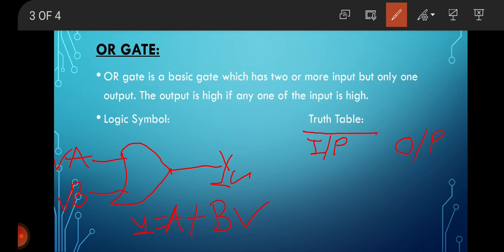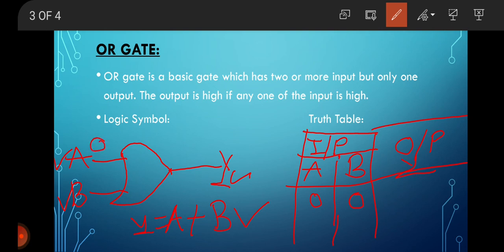Here A and B are the inputs and Y is the output. First, if we apply 0, 0 to the inputs, what will we get?